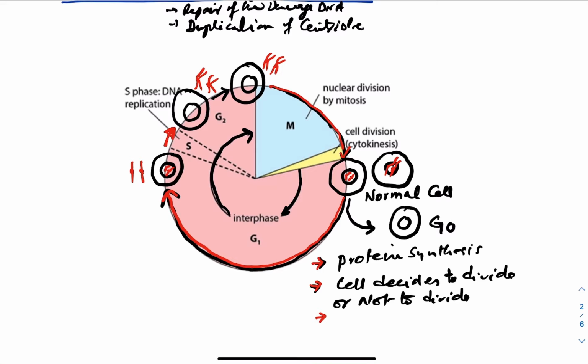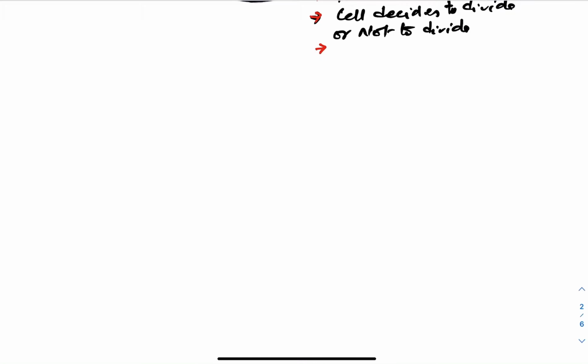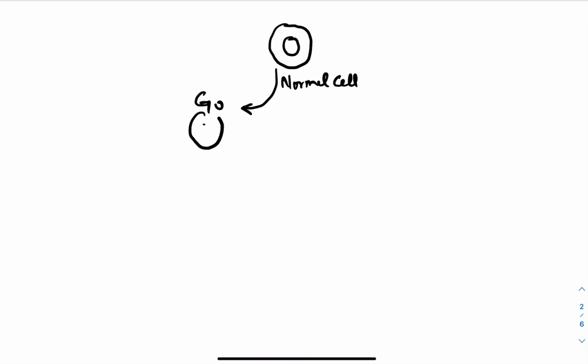If this is, for instance, a normal cell, it is rested in G0 phase if it is not dividing, if it has committed not to divide.